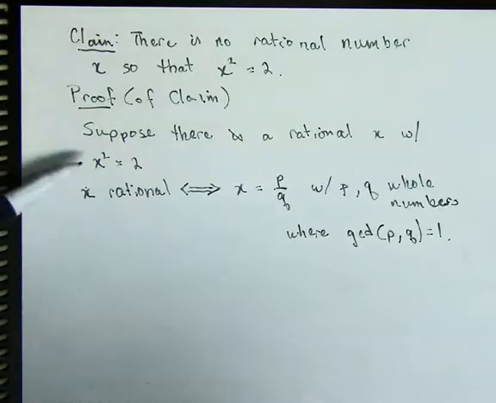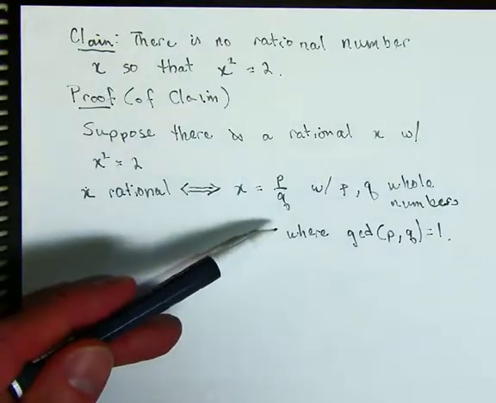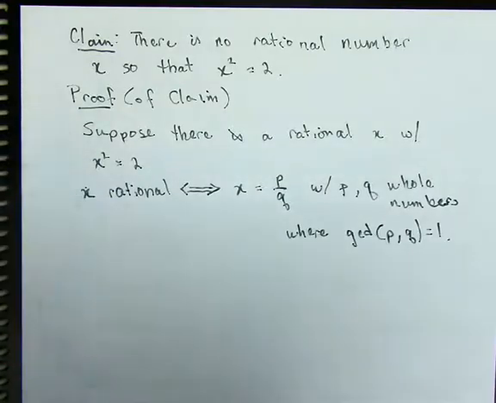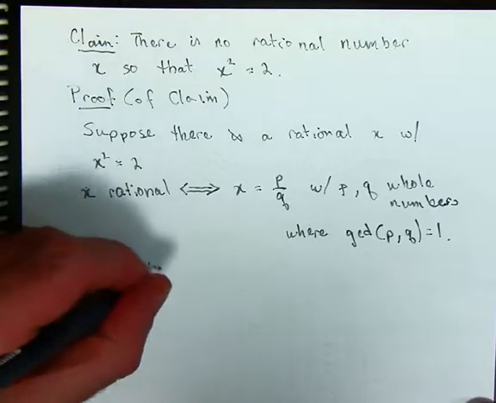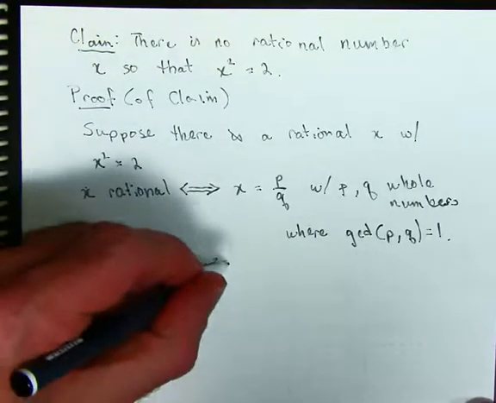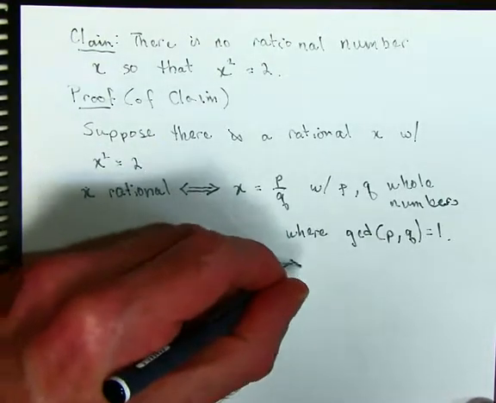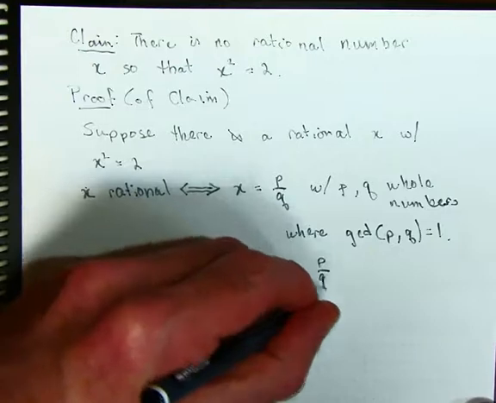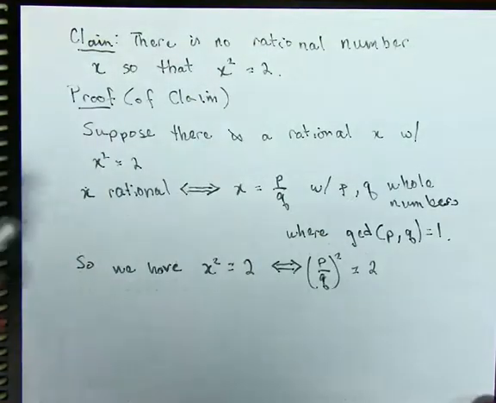So x squared equals 2 is logically equivalent to saying that (p over q) squared equals 2.